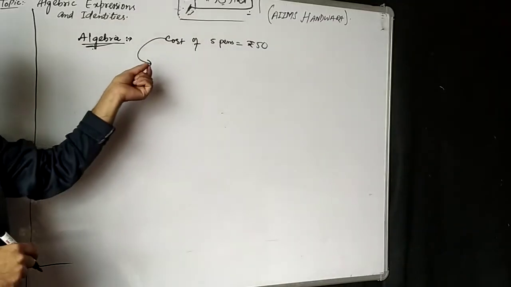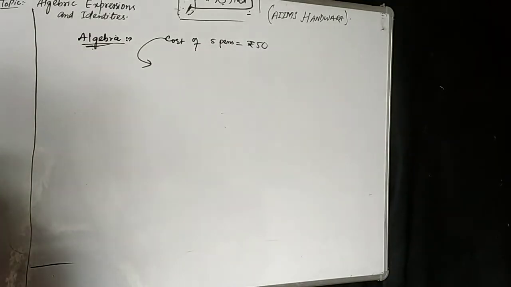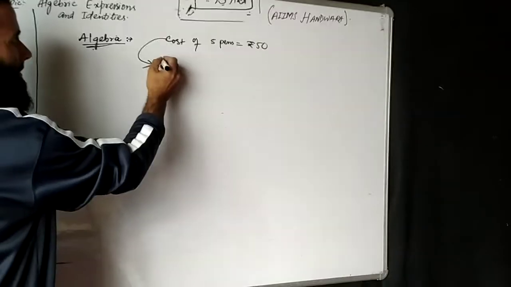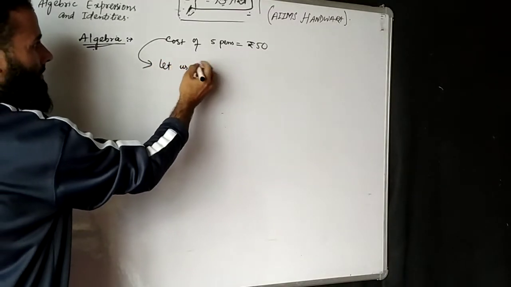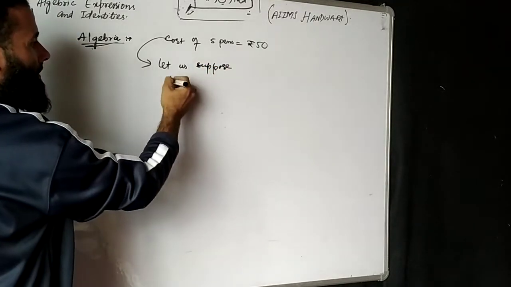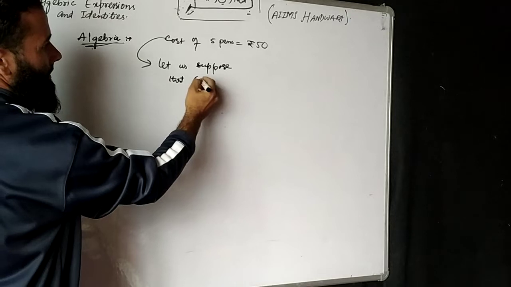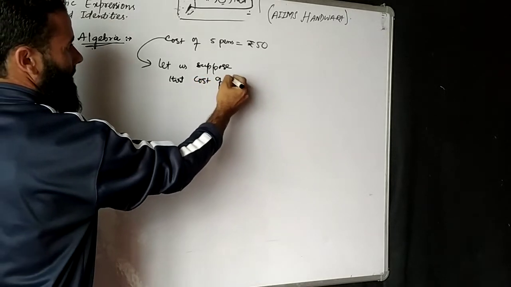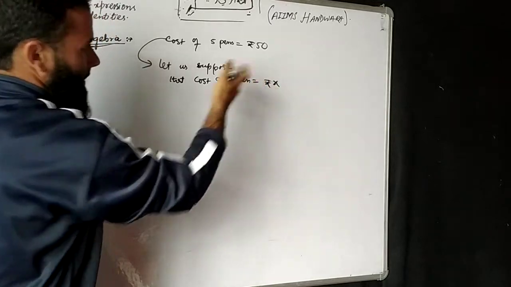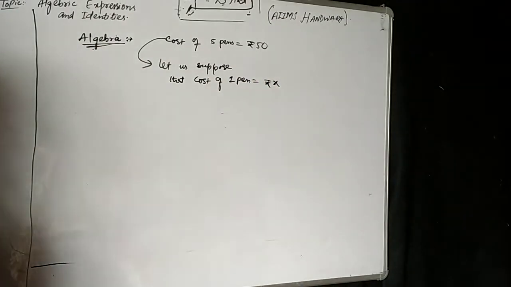If we have to write this statement algebraically, what will we write here? We will first of all suppose that cost of 1 pen is equal to rupees X, because we do not know what is the cost of 1 pen.